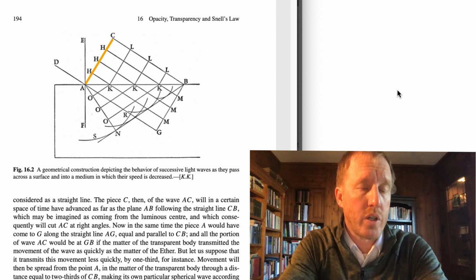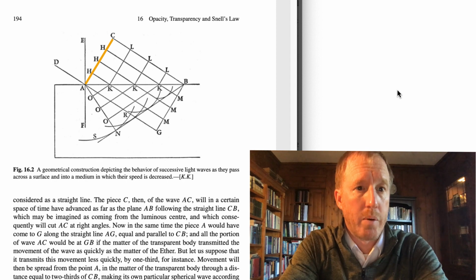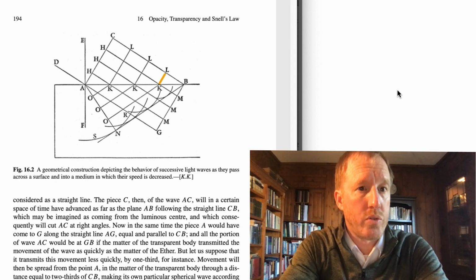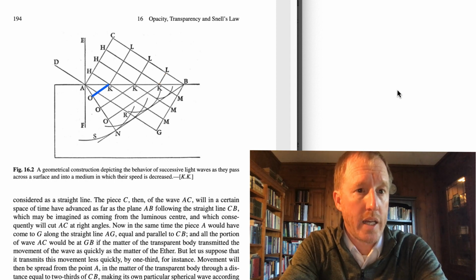As it moves downward and toward the right, a moment later it is at the next line segment KL, and a moment later at the next. And what he's going to try to demonstrate geometrically is that the wavefronts propagating through the glass are represented by lines OK, and then OK later, and then OK later.